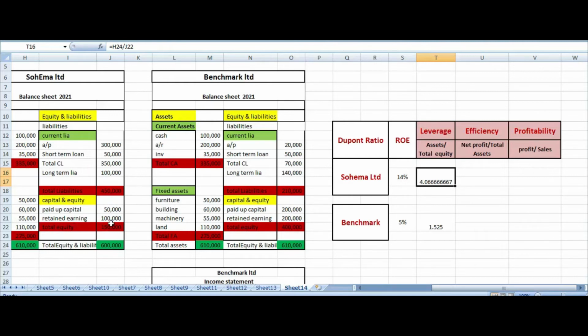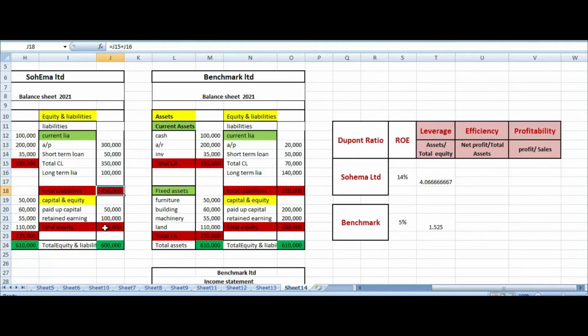It has taken a minimum amount from owners, and it has utilized the maximum capacity of borrowing money, and purchased most of its assets through borrowing money. So that's why we know that the cost of equity is more than the cost of liabilities.